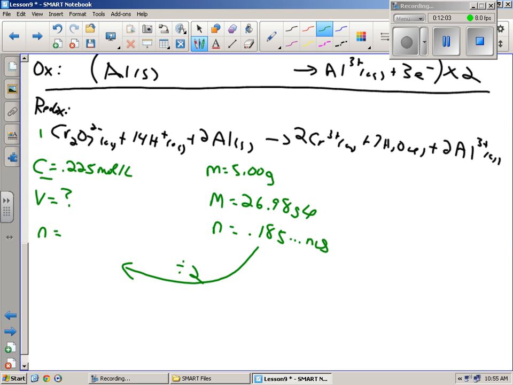That's why that balanced chemical equation is obviously important. Divided by 2 is about 0.09266-ish or so moles. And I'll divide those two to give me V. And remember, to find V in this case is N over C. Obviously, you guys can worry about manipulating those appropriately, right? C equals N over V, V equals N over C, N equals C times V. Okay? Dividing those two, I think you get, help me out here, 0.412. Is that right?